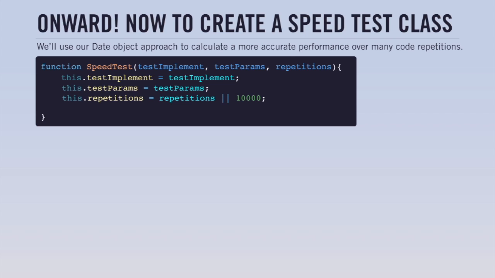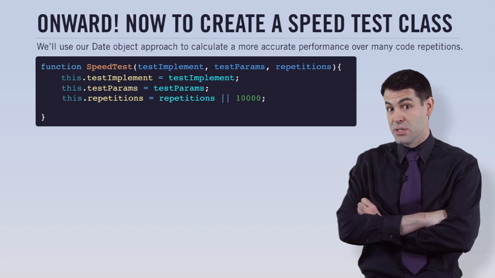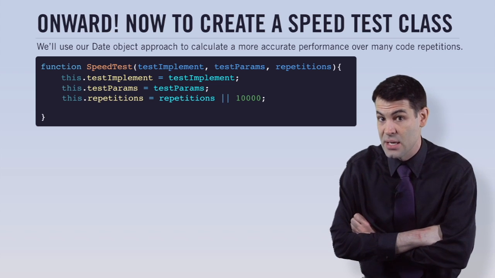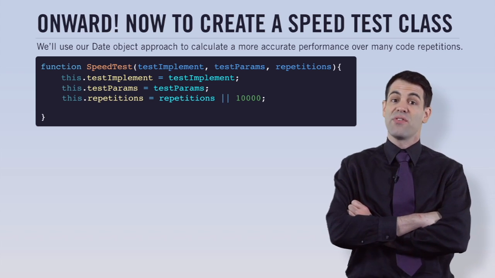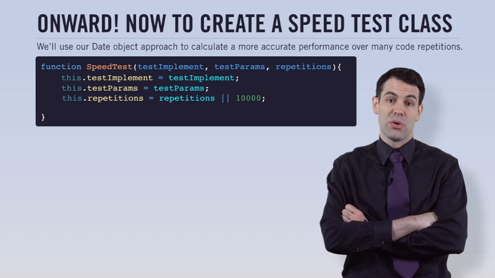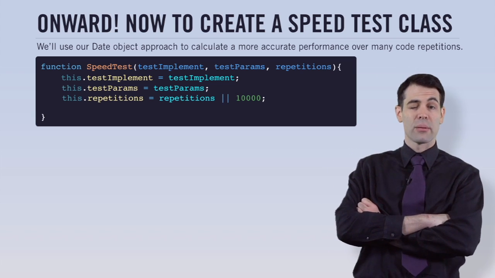You can see that if the speed test constructor gets passed some repetitions, we're going to go ahead and take those repetitions and assign it to the property. However, if whatever user is using the speed test doesn't pass in any repetitions, we're going to go ahead and just default that to be 10,000 total repetitions so that we can get a good reliable estimate.